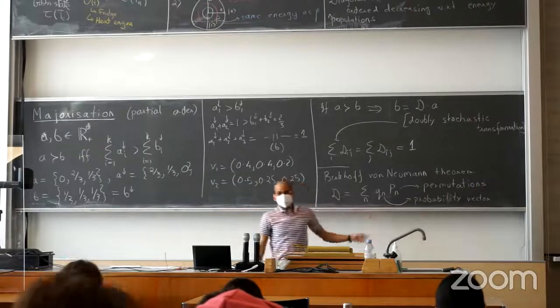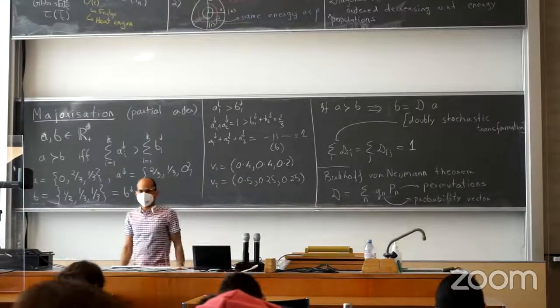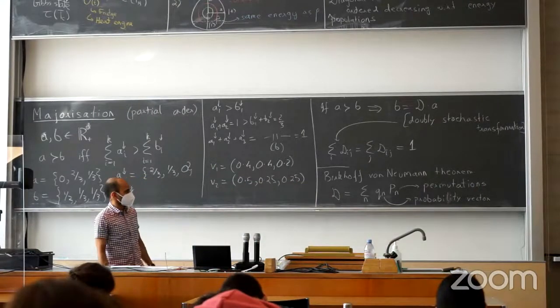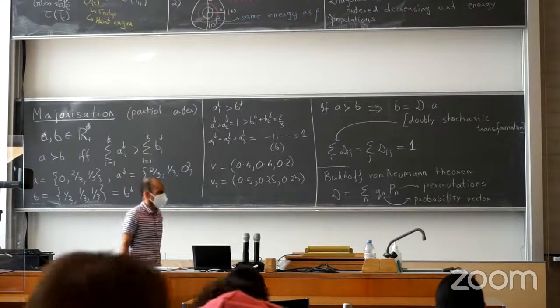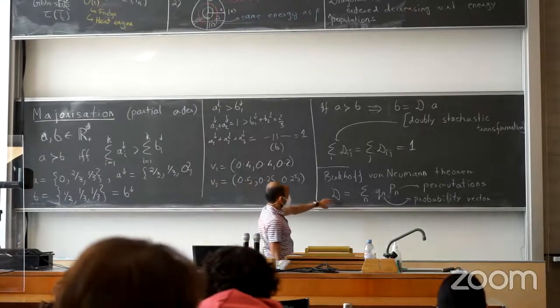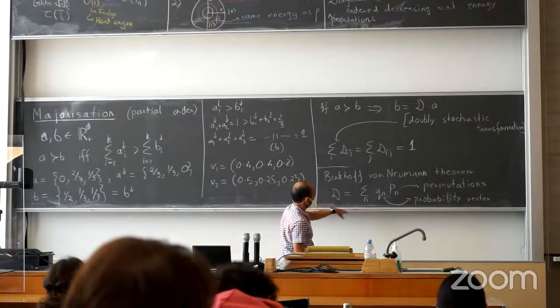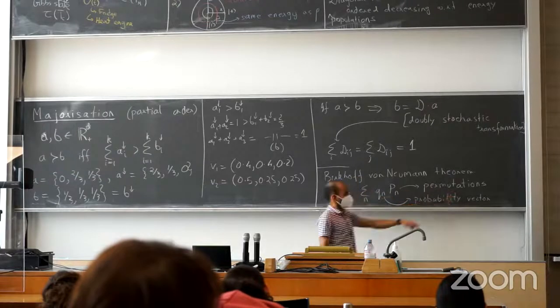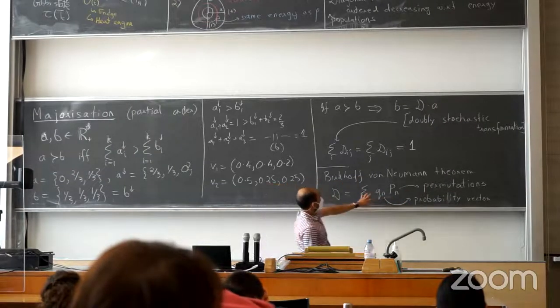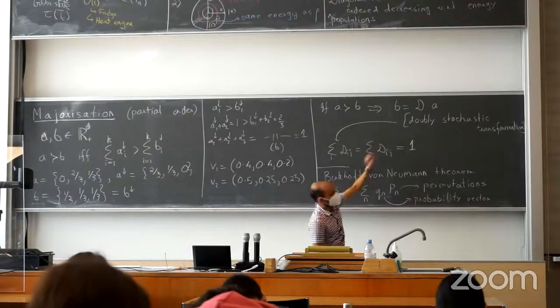So permutations are the simplest type of doubly stochastic transformations. You have a single 1 in every row and column, and every other element is 0. So what this says now is that every doubly stochastic transformation is really a convex combination of permutations, which is very useful because now you can also put this back into the transformation B = DA.